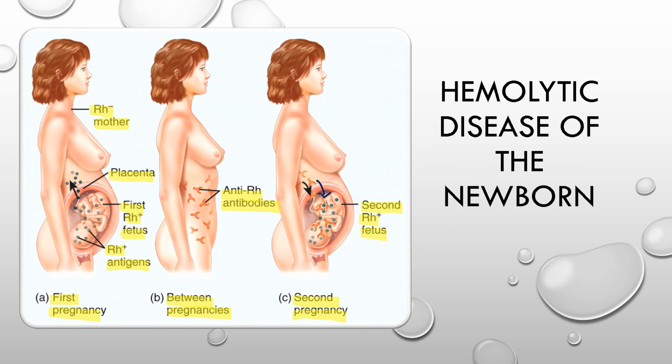Now, in these cases, there are things that can be done. So an injection of anti-Rh antibodies called anti-Rh gamma globulin can be given to prevent this. So an Rh negative woman should receive this injection before delivery and also soon after delivery.